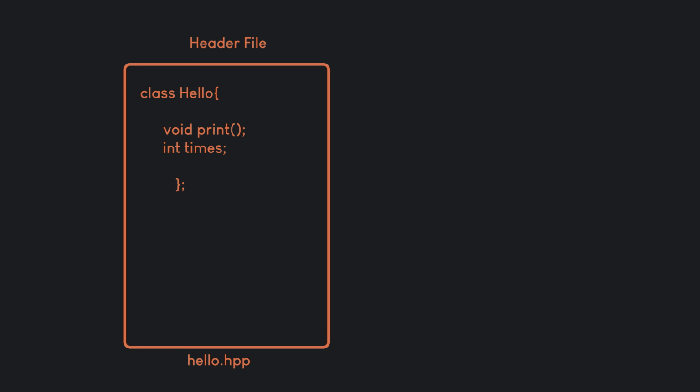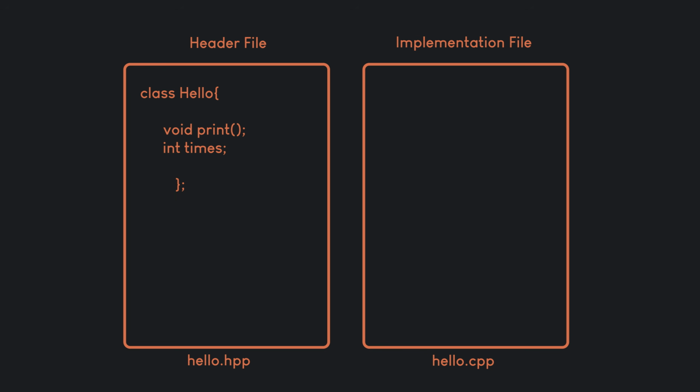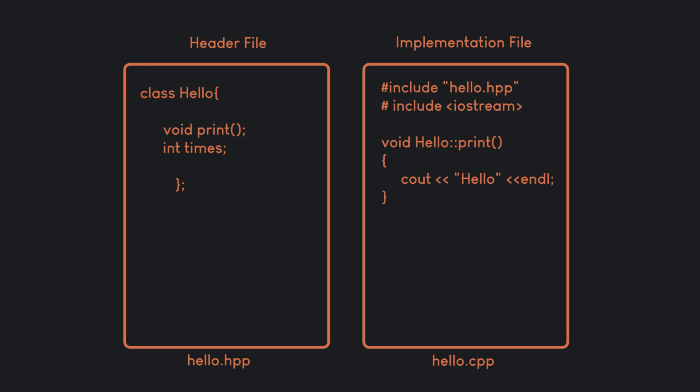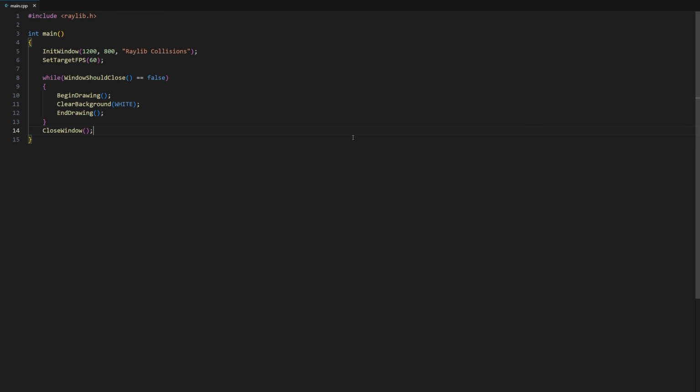On the other hand, the implementation file, usually with a .cpp extension, contains the actual implementation of the class functions. This is where the member functions defined in the header file are implemented. Separating the class declaration from its implementation allows for better organization and abstraction of code, making it easier to manage and maintain large projects.